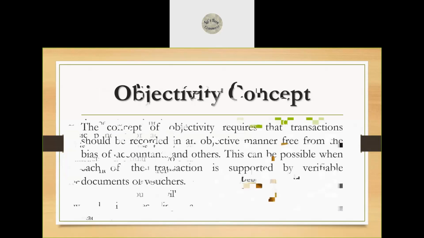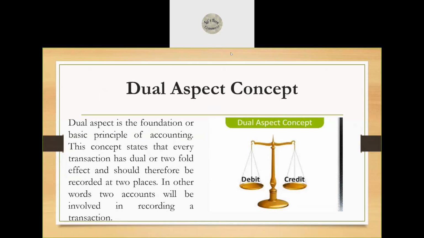Now coming to the dual aspect concept. See how beautifully he has shown us this photo, and in this photo it is showing equal, that debit is equal to credit. What a nice photo.